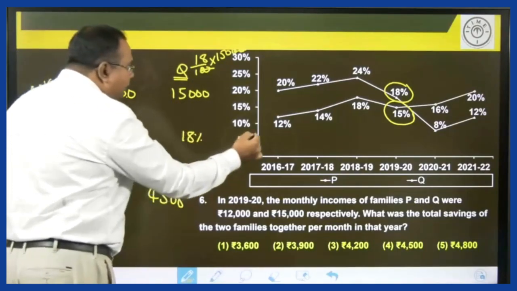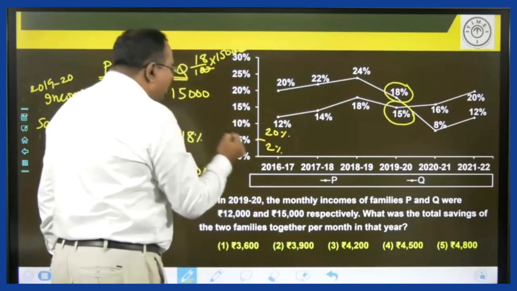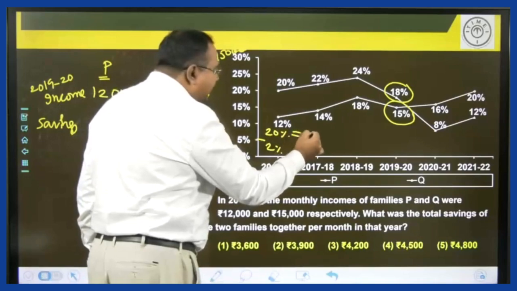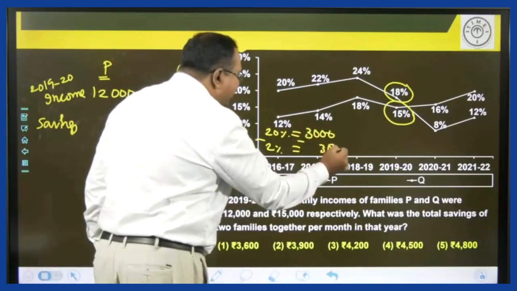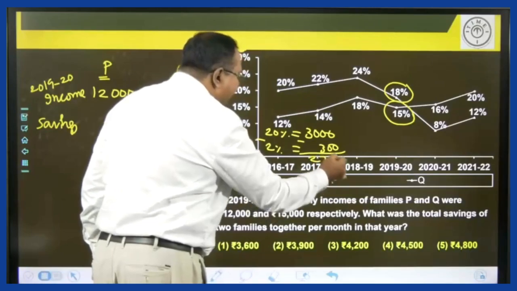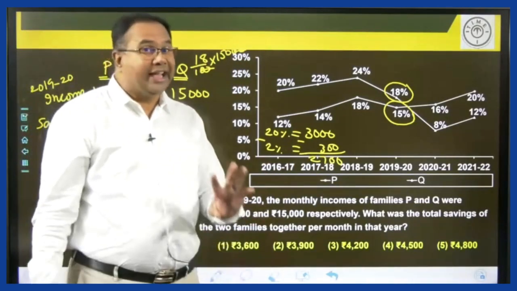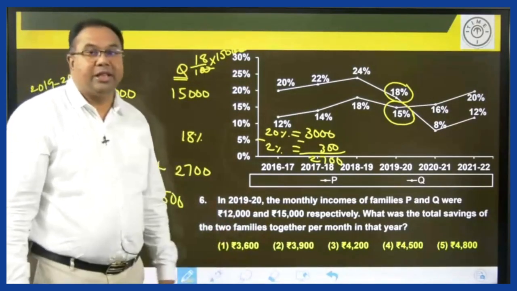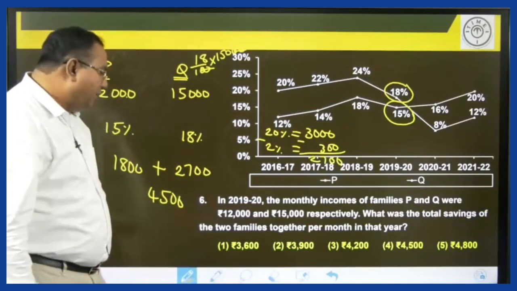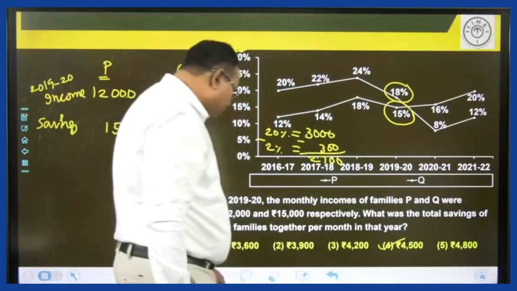It is simply 20% minus 2%. 10% is 1500, 20% is 3000, minus 2%, which is 300. So if I subtract, it has to be 2700. So 18% is 20 minus 2. Adding 1800 and 2700, 4500. 4500 is present in choice 4.